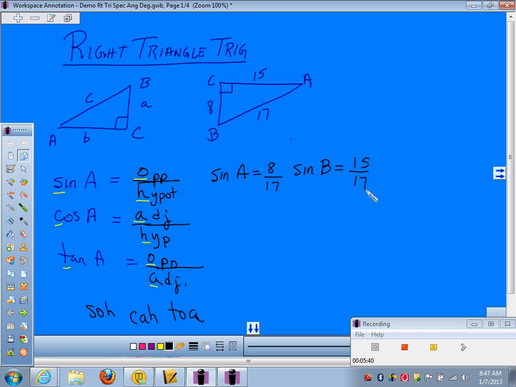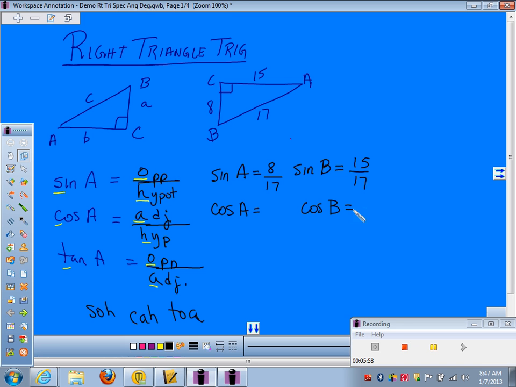Okay. Now, there's a pattern here I want y'all to notice. What's the cosine of angle A and the cosine of angle B? And sometimes people have trouble with adjacent. Adjacent to what? Well, once again, it's adjacent to the angle.